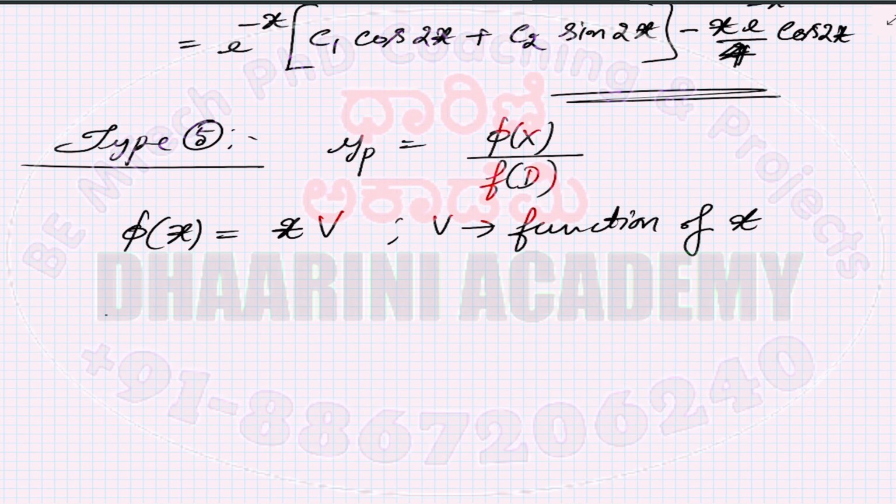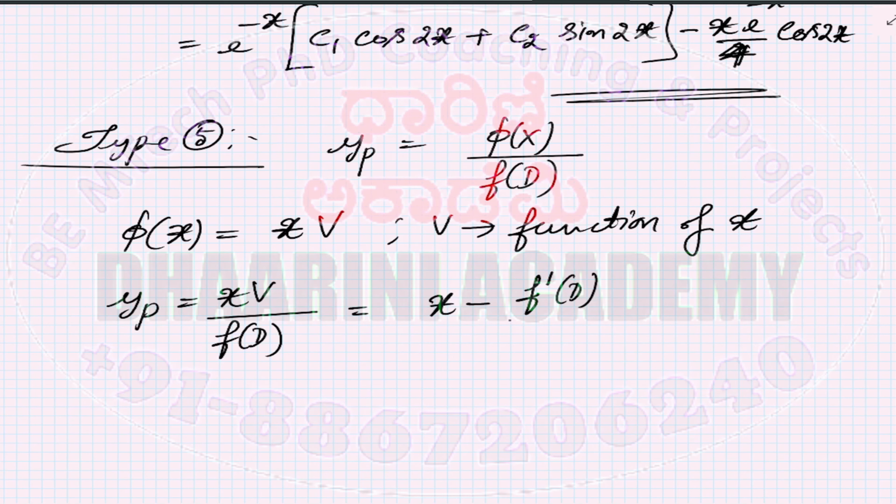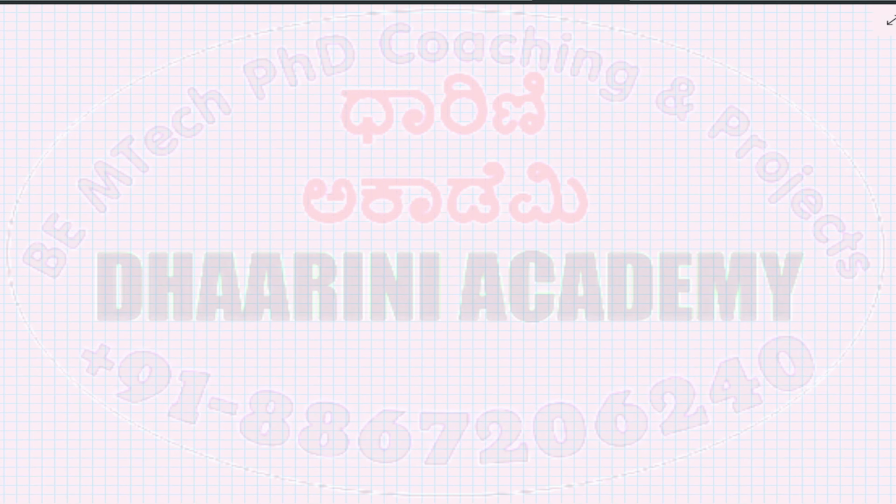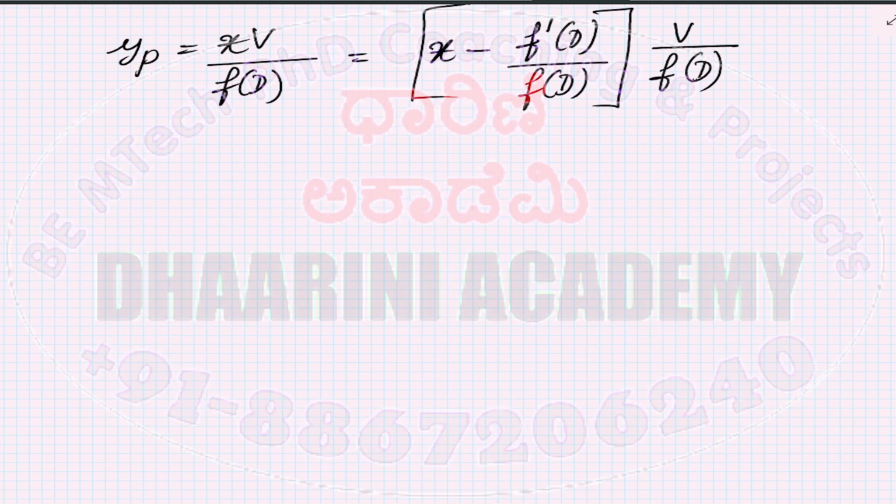So the solution is like this. If we have yp equal to x into v over f of D, this is given by x minus f dash of D divided by f of D, this whole thing into v over f of D. This is a formula which we need to follow whenever we encounter the fifth type of differential equation.